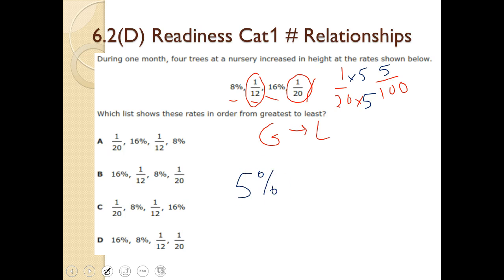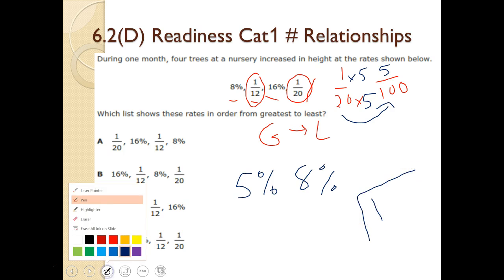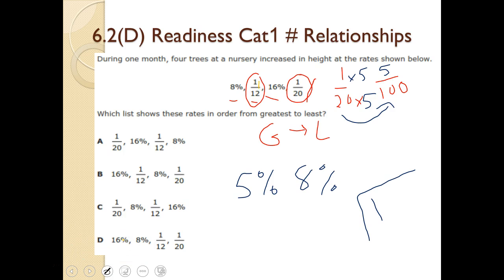Then I see we have 8% also. And it's going to come down to either the 1/12 or the 1/16. 12 doesn't go as easily into 100. It was very easy to go from 20 to 100 without any issues. With 12, we're going to have to divide. So let's put 1 in the house, or another way of thinking of it is if you draw a line up this way, it tells you which one is going into the house there.